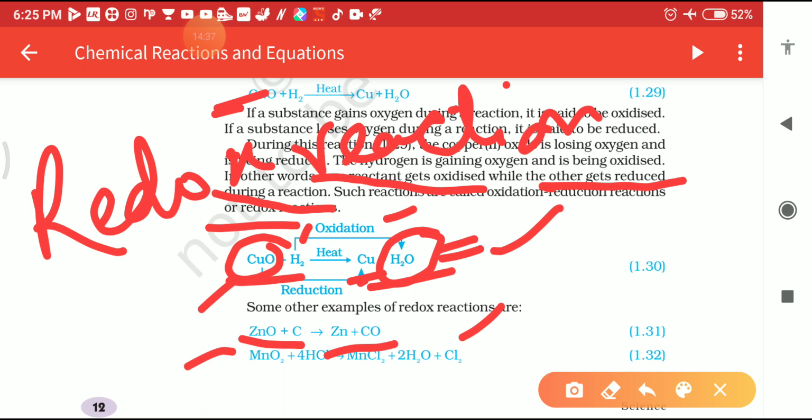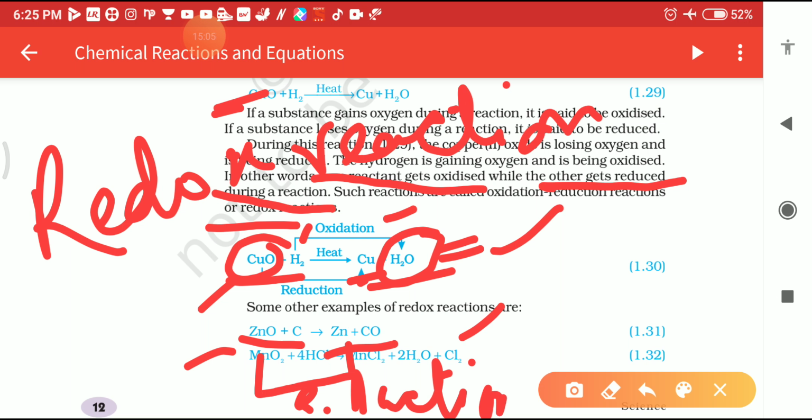Now first I will look at the zinc oxide. Zinc oxide becomes zinc. It means removal of oxygen takes place here. If removal of oxygen takes place, it means reduction takes place here.